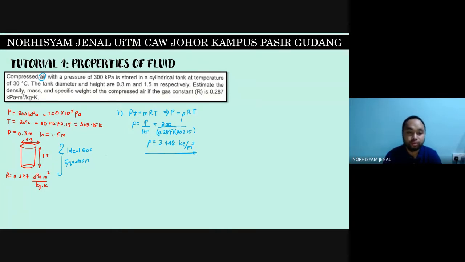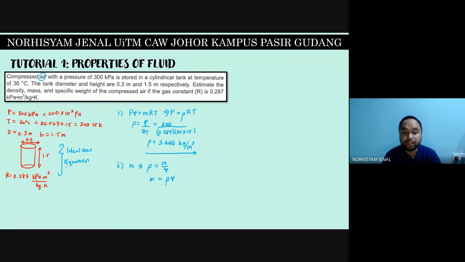So number 2 will be asking for the mass, sorry, estimate the density and mass. The mass can be found by using this equation. Density equals mass divided by volume, so mass equals density multiplied by volume.